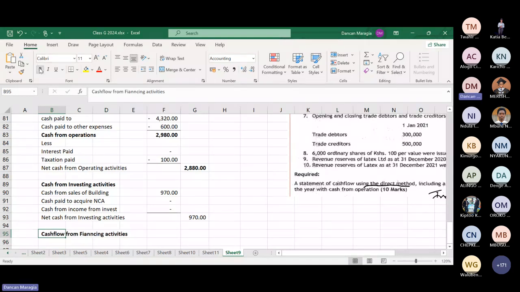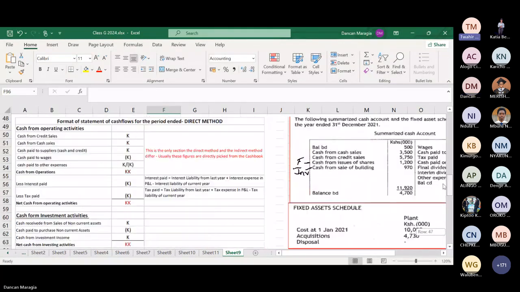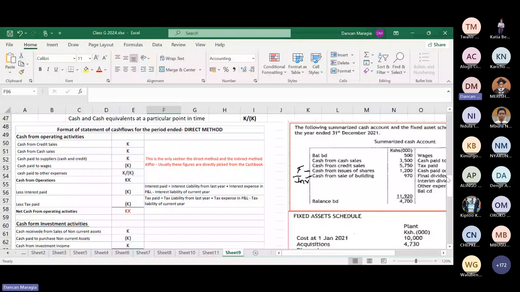So when we are looking at cash flow from financing activities, we look first at any cash received from issue of shares. Remember, anything that is coming in is an addition. So do we have any cash from issue of shares? Yes, we do. How much? 1,200.